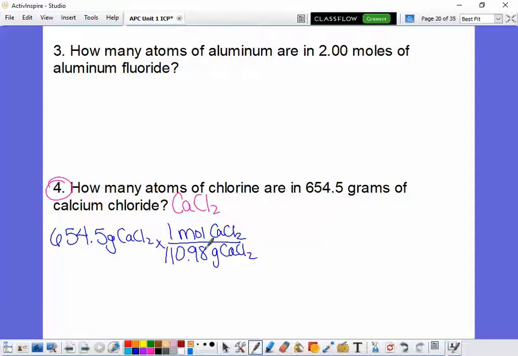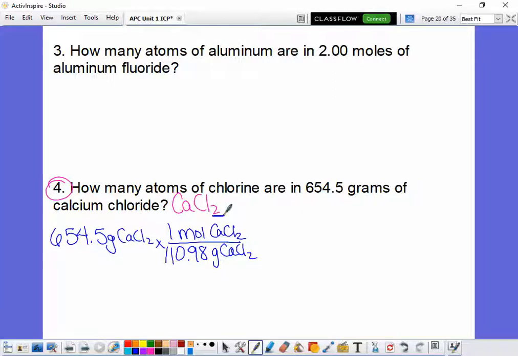So where can I go next? For 1 mole of calcium chloride and 2 moles of chlorine. So how did you know that there was 2 moles of chlorine? You know, the formula. This isn't a reaction here. So we're looking in this calcium chloride ionic compound, we have 2 chlorine atoms for every compound.